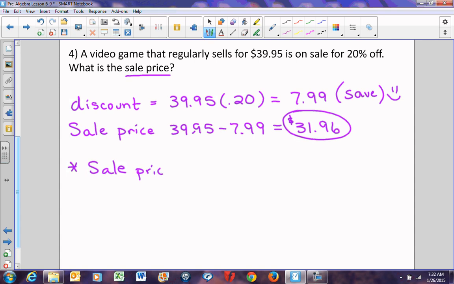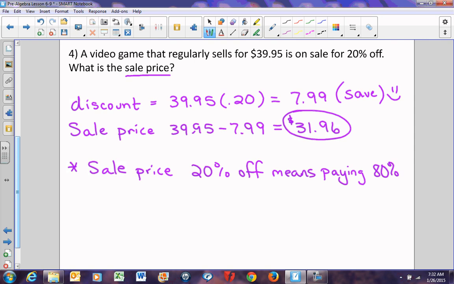If all I want to find is my sale price only, if it's on sale for 20% off, that means I'm paying 80% of the entire cost. Correct? 100% minus 20% means I'm actually paying 80%.